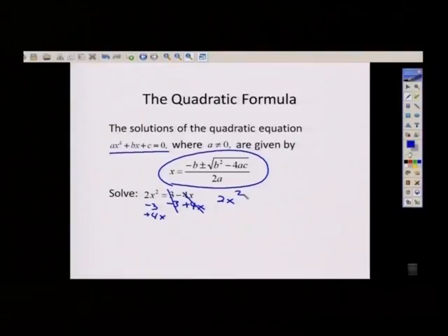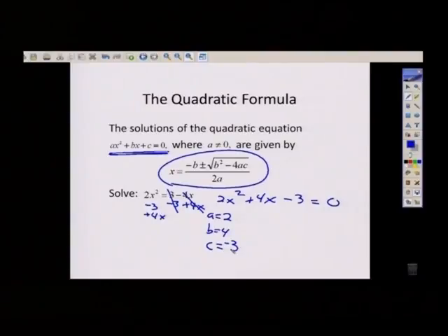So I have 2x squared plus 4x minus 3. That whole thing is now equal to 0.